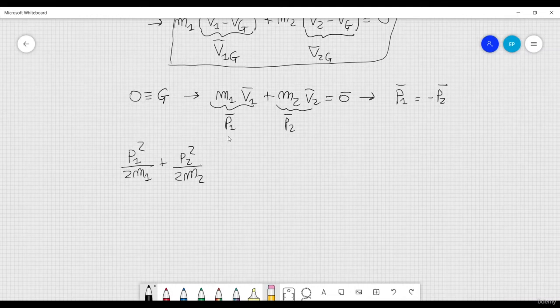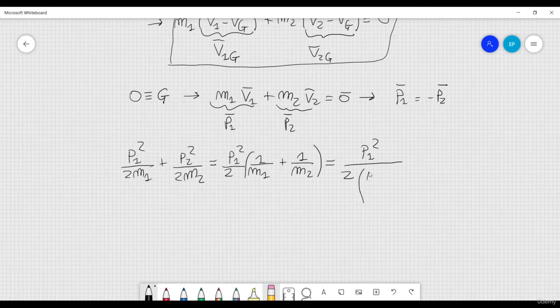And now I can substitute p2 equal to p1, so I can rewrite it as p1 squared over 2, 1 over m1 plus 1 over m2. And this can be written like this: it's p1 squared over 2, m1 m2 divided by m1 plus m2.